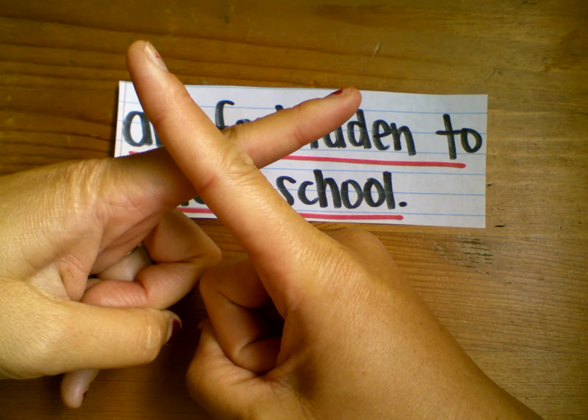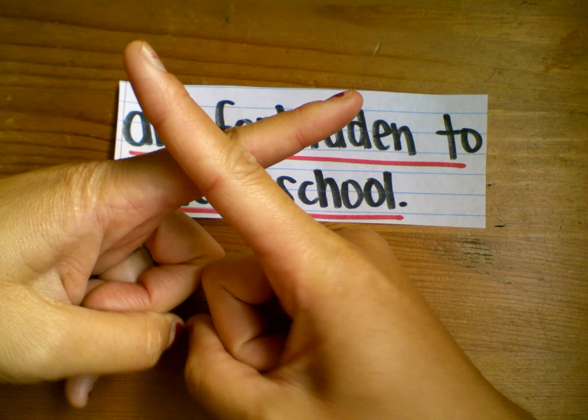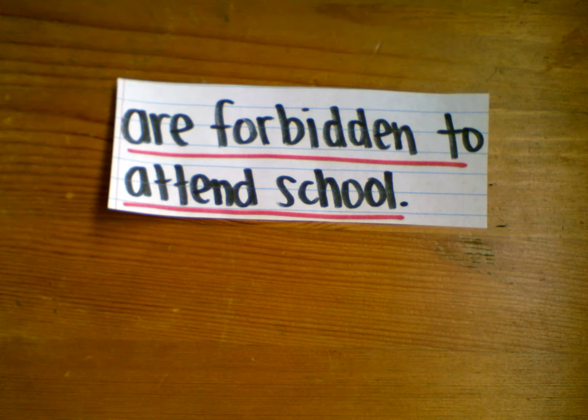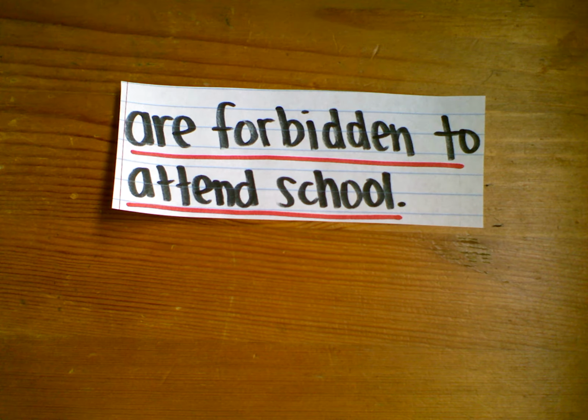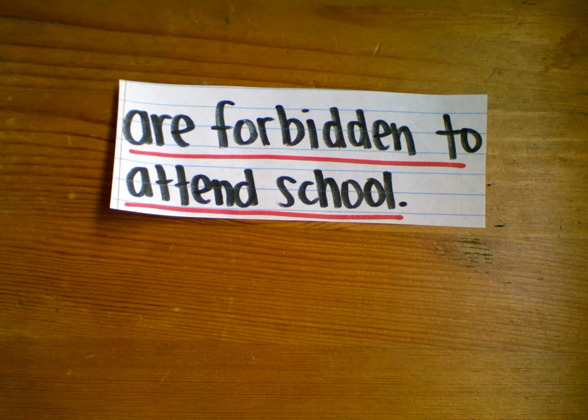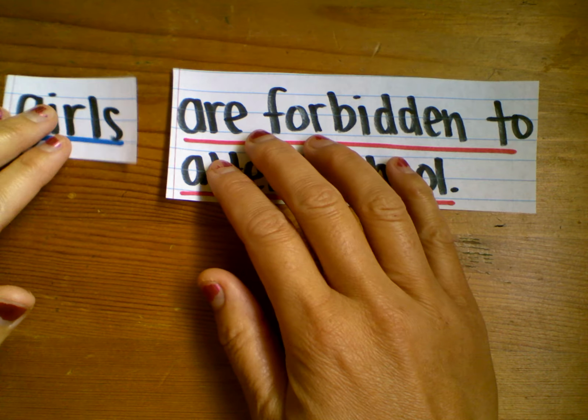Perfect. Okay, now I want you to close your eyes and imagine, especially the girls who are watching this video, if you are not allowed to go to school, how would you feel? Alrighty, so now we have our fourth and fifth chunk.